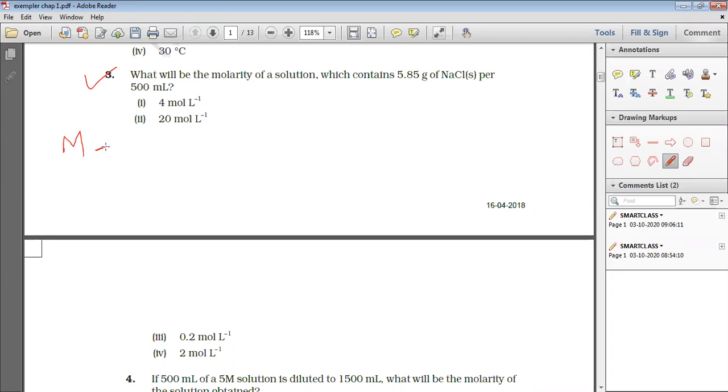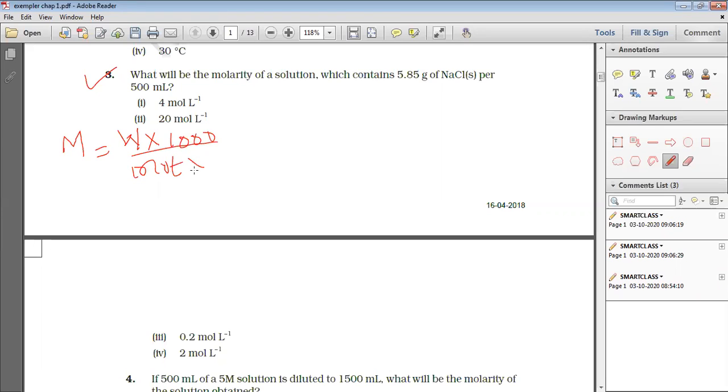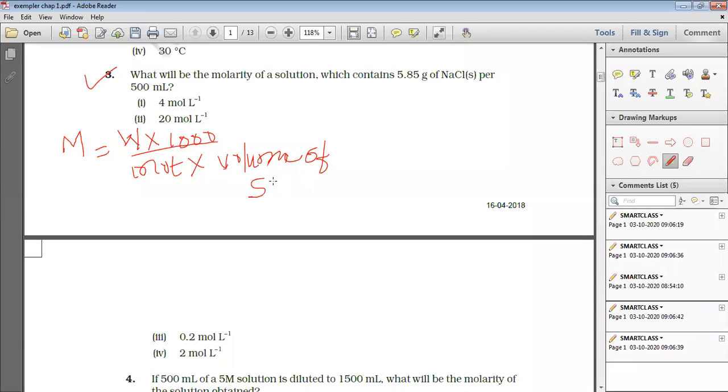Molarity formula, M is equal to W into 1000 divided by MWT multiplied by volume of solution. I hope you remember this formula.